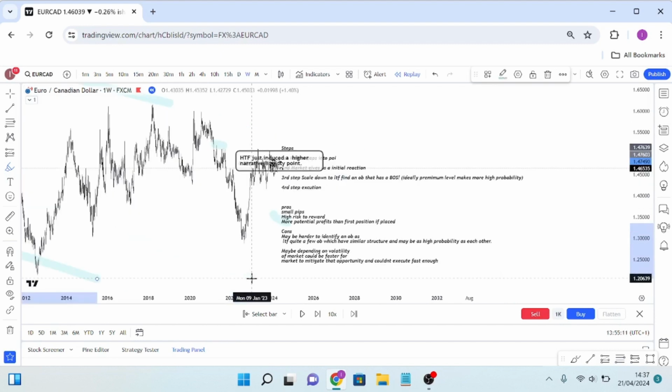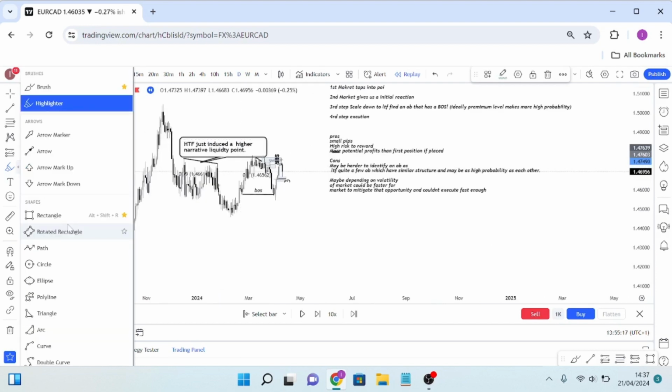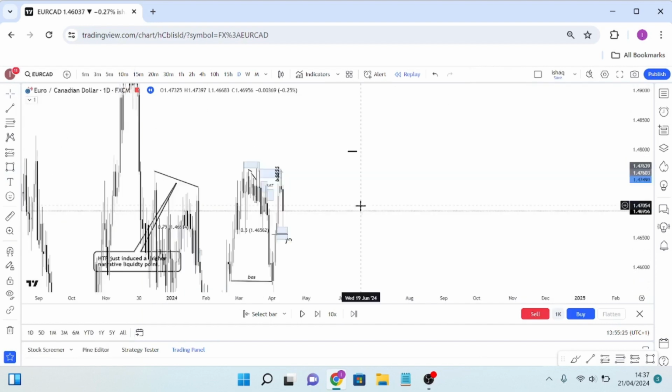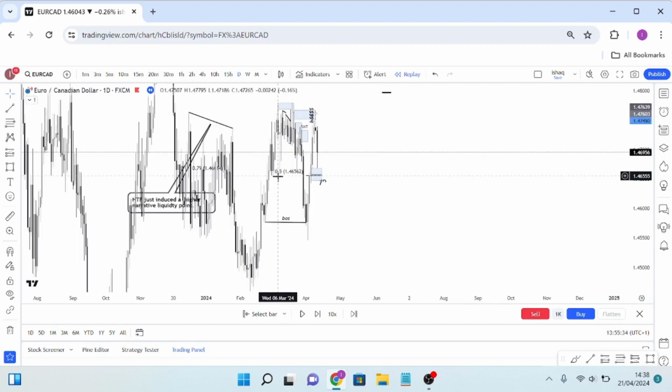Okay, now I saw that on the daily and weekly, saw the same trend, and I saw a key piece of liquidity that was previously induced right here. Market came, induced these trend lines, used that liquidity to sell, to give us a nice change of character and fill some imbalance.